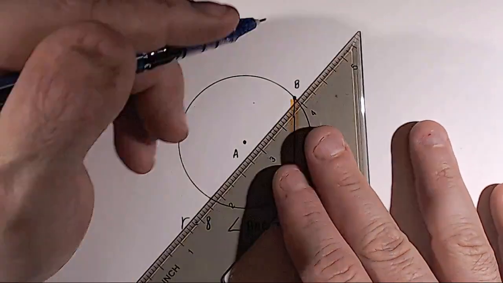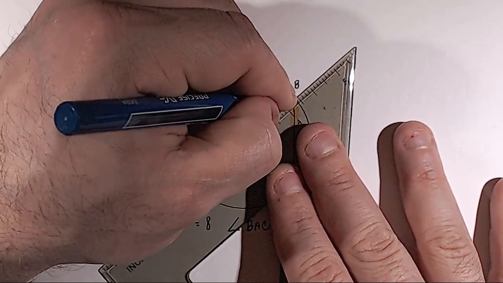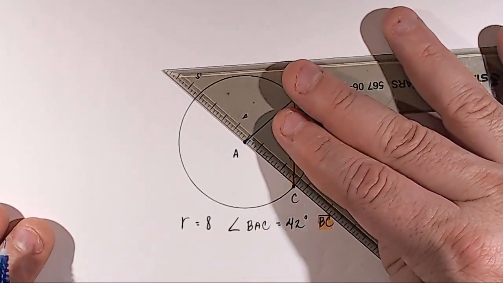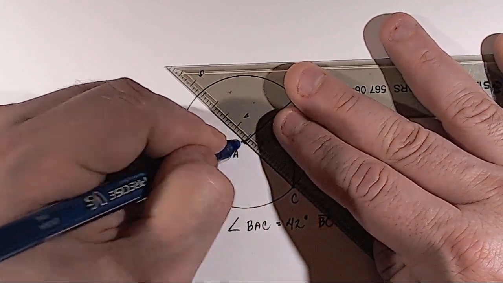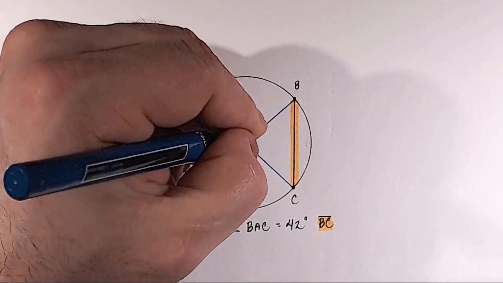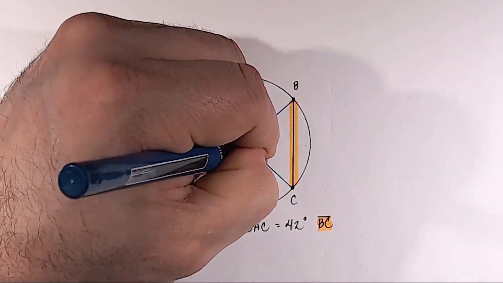Those are both radii. So we can create this triangle right here by connecting the dots. This central angle is 42 degrees.